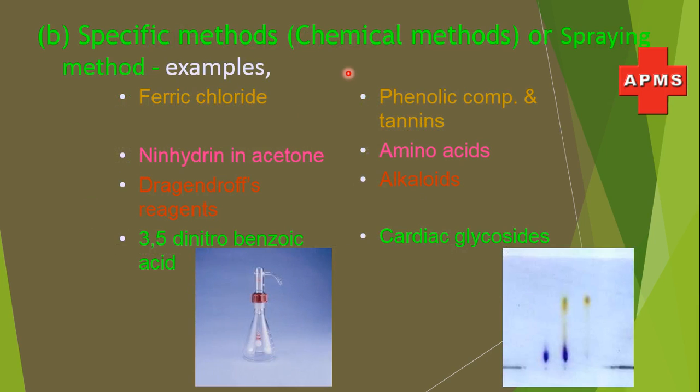Now specific methods, these are chemical methods or spraying methods, where a specific chemical will be applied on the used filter paper and the various spots will become visualized. If our sample contains phenolic compounds and tannins, which are generally colorless in nature, then ferric chloride solution will be applied to see these types of compounds.